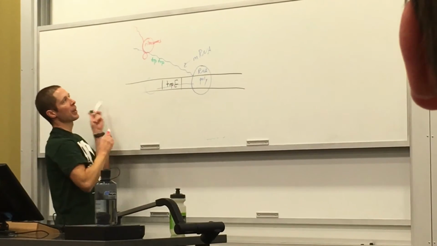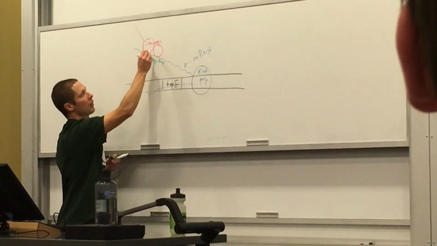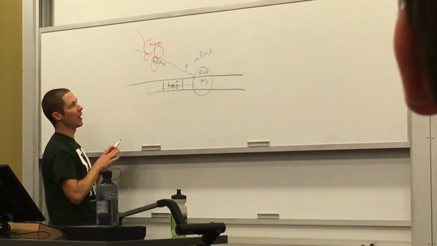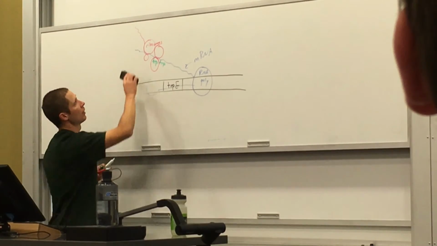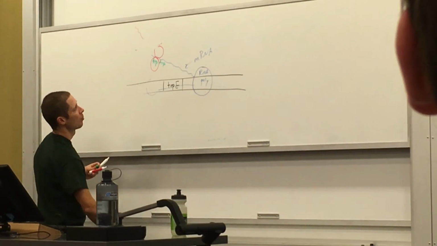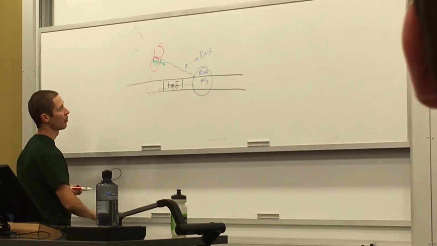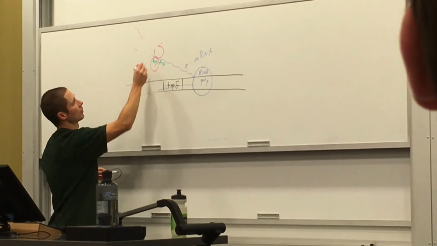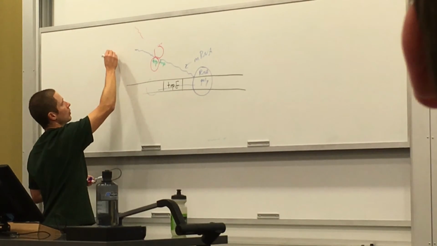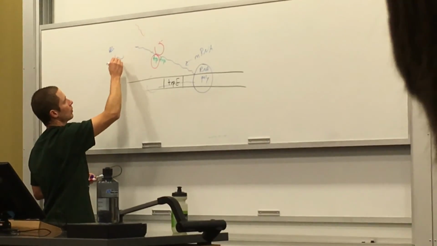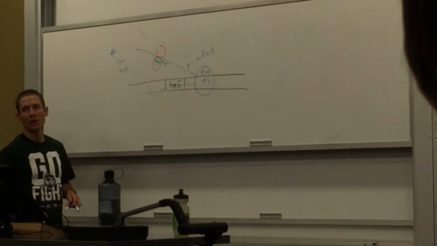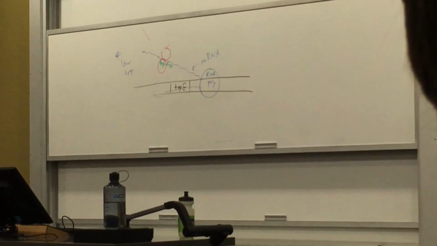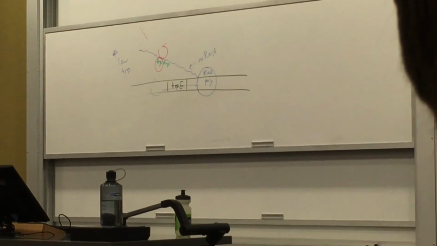Now, what's going to happen when it gets here? It needs to plug in tryptophan to keep moving, but there isn't much tryptophan available. What's the ribosome going to have to do? It's going to have to wait. It's going to have to just kind of hang out for a while.